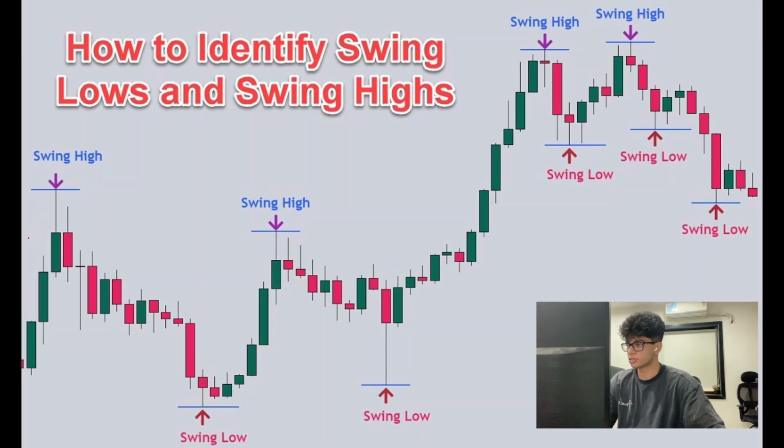Now this is a swing high because there is a lower low on both sides, which I'm talking about is this and this. These are both lower lows. Similarly here, this is a higher high, this candle, and this candle is also a higher high.